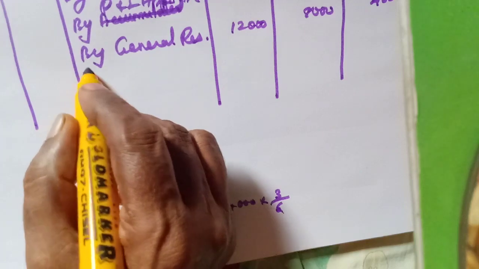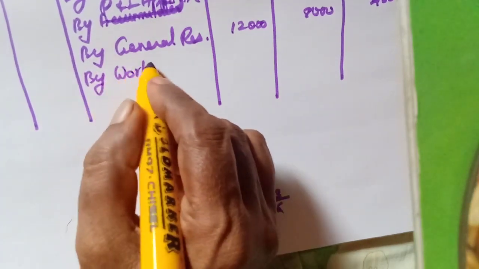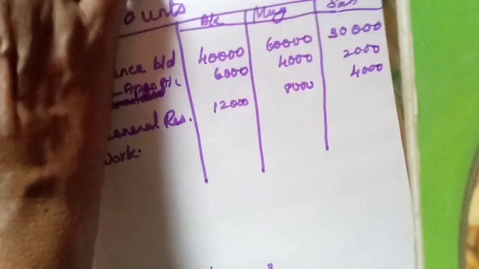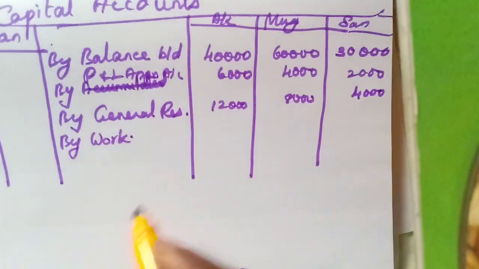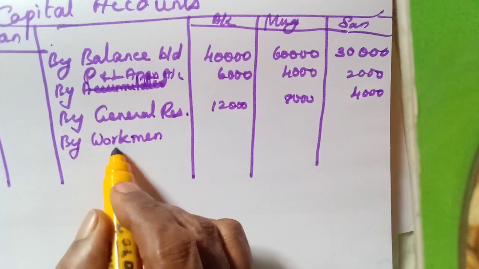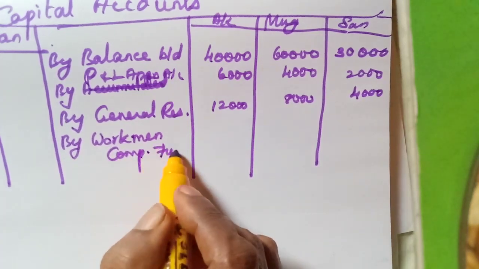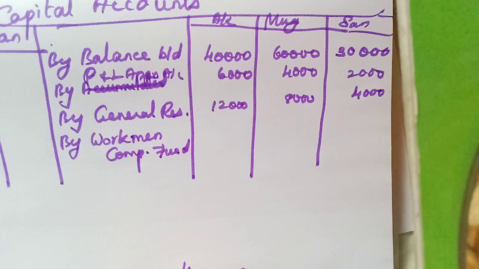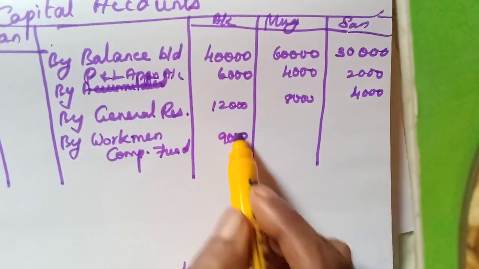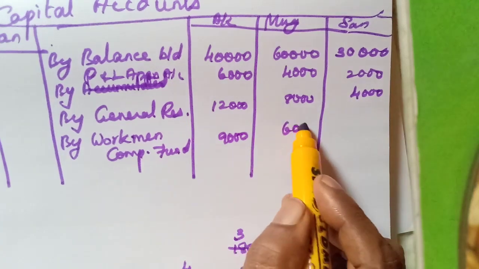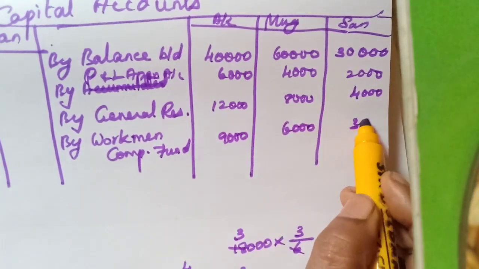Then workman compensation fund 18,000, into 3 by 6. How many 6s? 3 sixes, so 9,000. 3 into 2, 6,000. 3 into 1, 3,000.